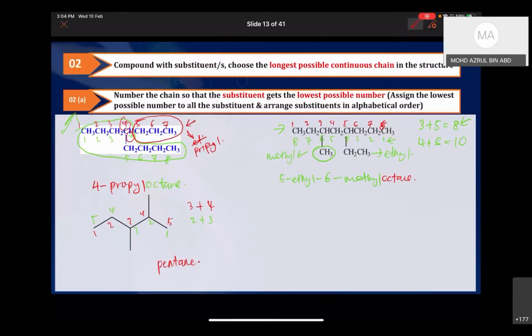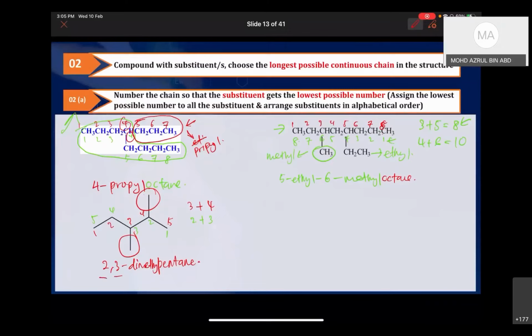And then since the substituent that attached into the pentane is 2 methyl, we just simply name the compound as 2,3-dimethyl pentane. Okay, 2,3-dimethyl pentane, which means the methyl attached at carbon number 2 and carbon number 3.